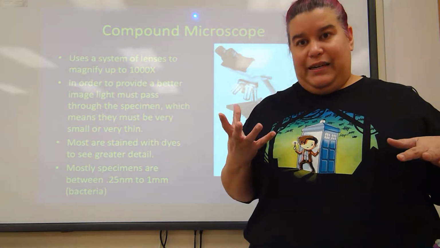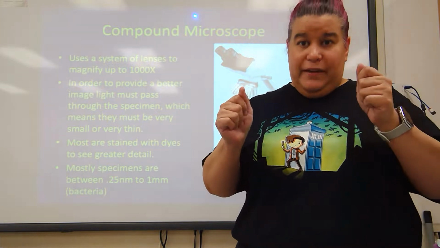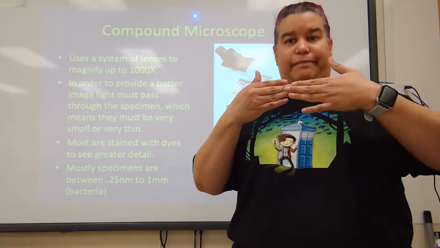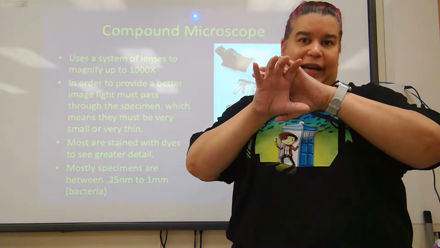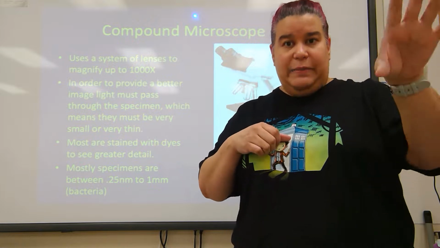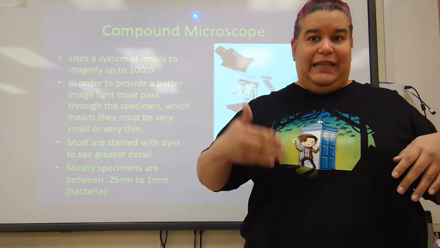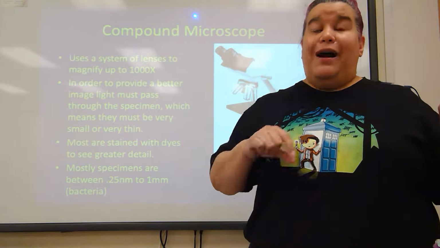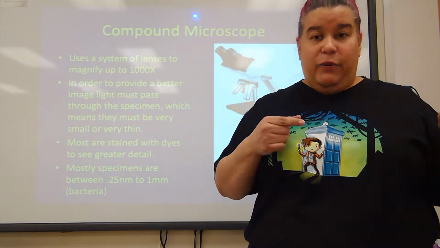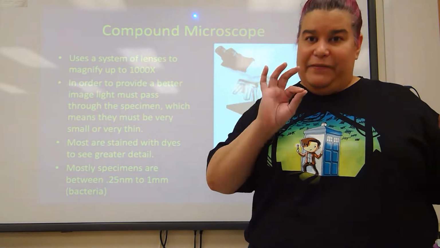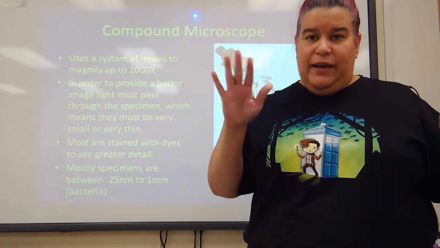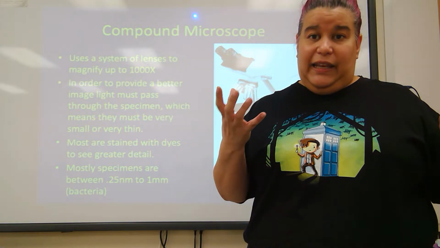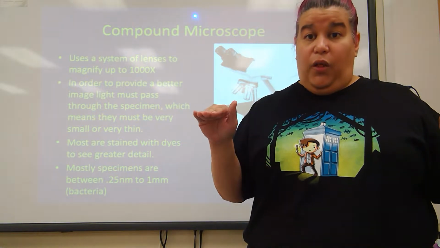The light has to come through it almost like a transparency, or let's say a film strip, where the light has to go through so that you can see the image. If you made it completely black, no light would pass through it. You wouldn't see anything. For us, what that means is whatever we're looking at has to be very, very thin on the slide so that the light can come through, very small.